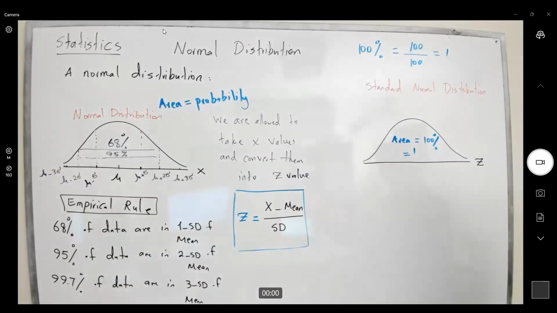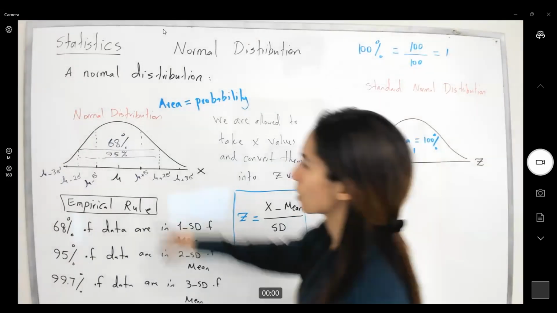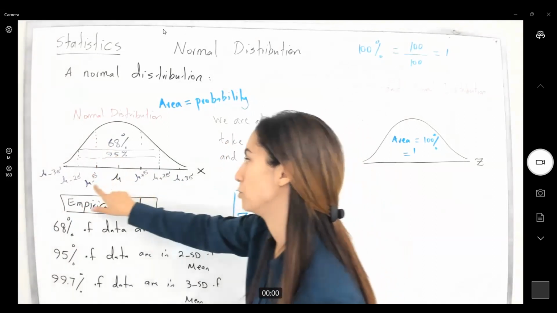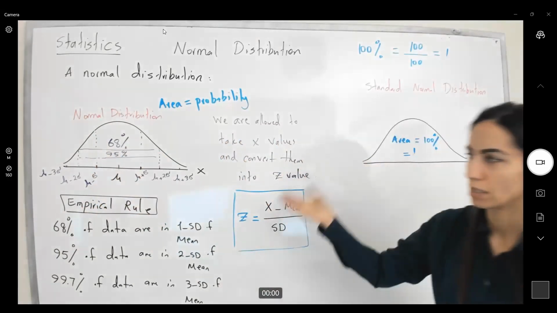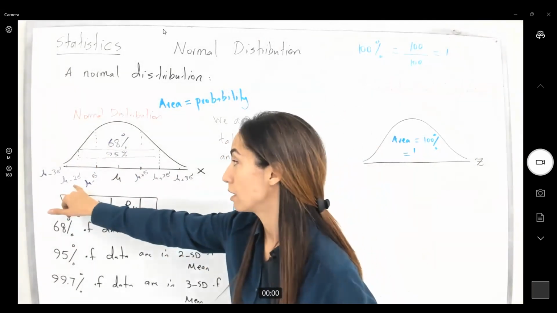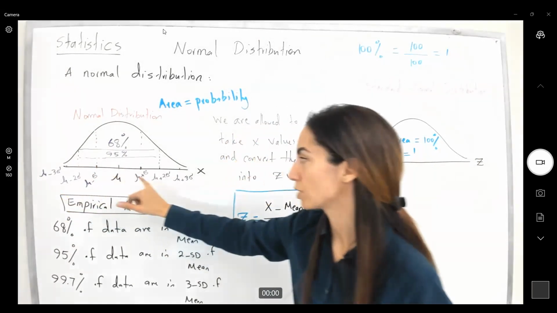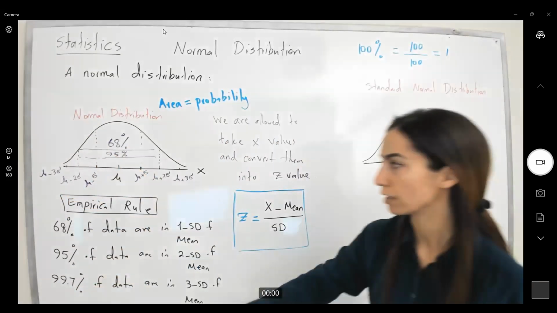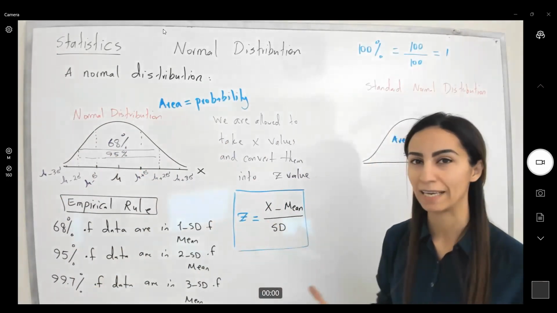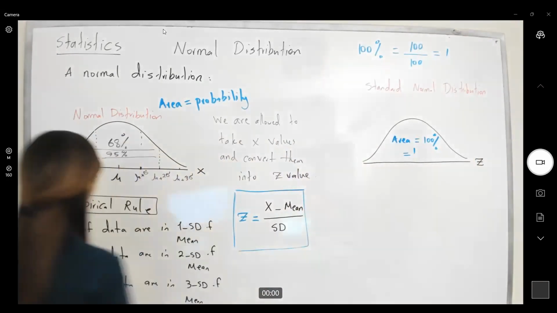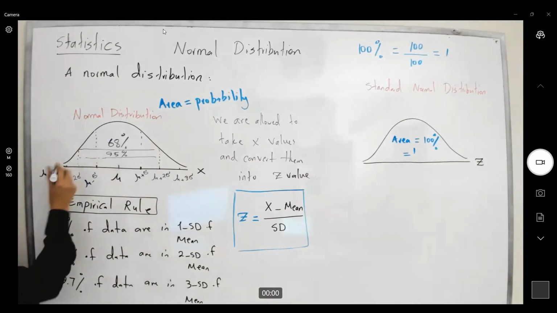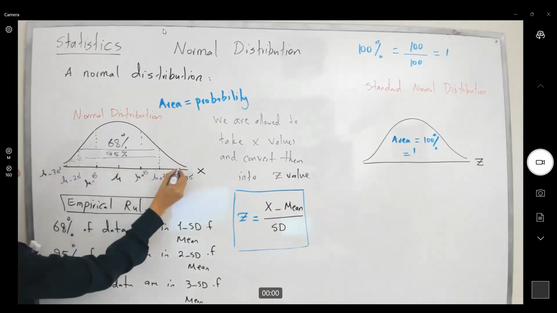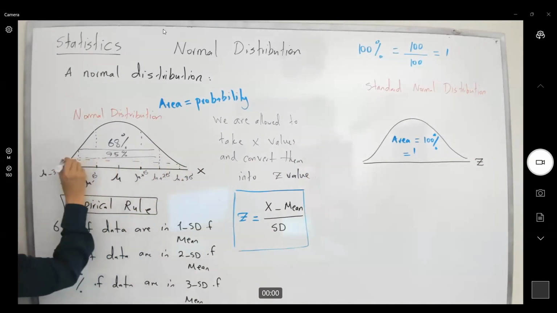This is from the empirical rule, saying that the probability that x is within mu minus sigma and mu plus sigma is 68%, then the probability that x is within mu minus 2 standard deviations and mu plus 2 standard deviations is 95%, and finally the probability, or the area below the graph, is 99.7%. The values that we have are within 3 standard deviations.